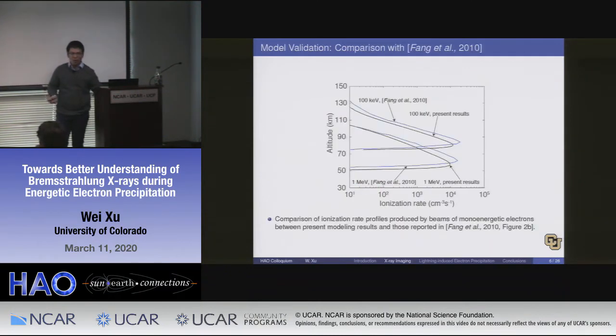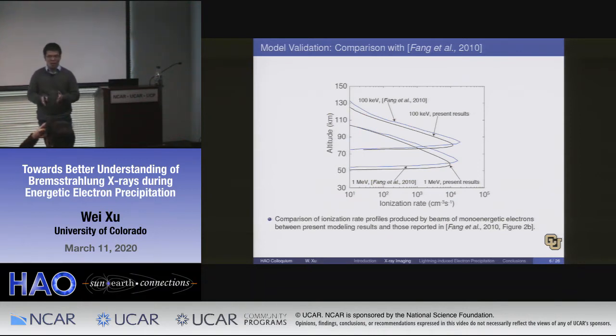Actually, these two models were originally designed for the studies of energetic radiation from thunderstorms and lightning discharge, but we have recently adapted them for the studies of energetic electron precipitation. We have validated this set of numerical models by comparing with previous results.